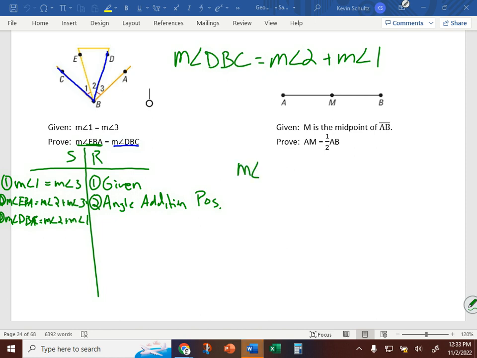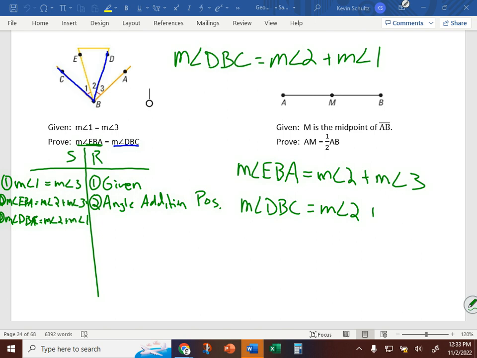Step 2 is the measure of angle EBA equals the measure of angle 2 plus the measure of angle 3, and the measure of angle DBC equals the measure of angle 2 plus the measure of angle 1. How did we get 3? We're given that angle 1 is congruent to angle 3.